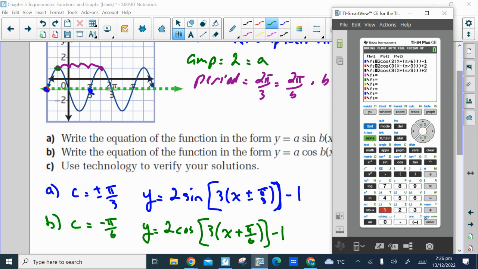So there's the cosine equation. Our first sine equation is 2 sine 3 bracket x minus pi on 3, and I just have to change my d value to minus 1. And then for the last one, again, change that to a sine, and then I have x plus pi on 3, and the d value again is minus 1.